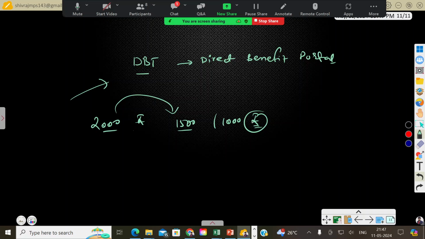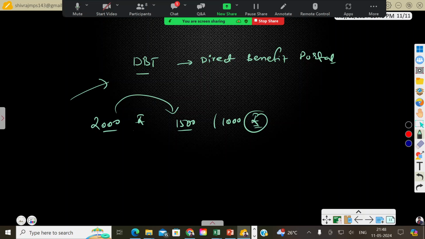But now this government designed this DBT system where if someone is eligible for XYZ scheme, the benefit will be received directly in their accounts. That doesn't mean they have ensured 100% transparency, but I would say up to 90% you would see a very transparent system if you apply to specific schemes through certain documentation.